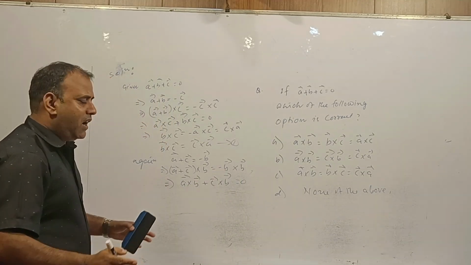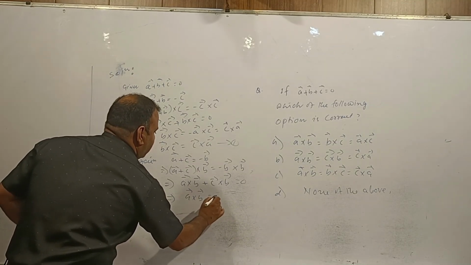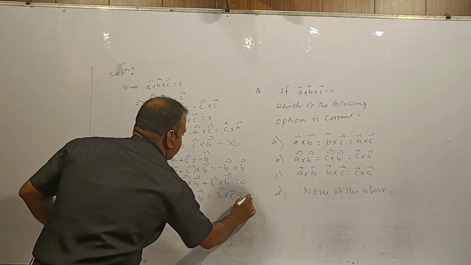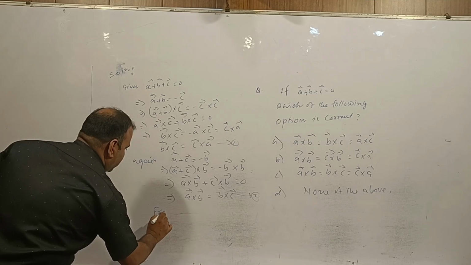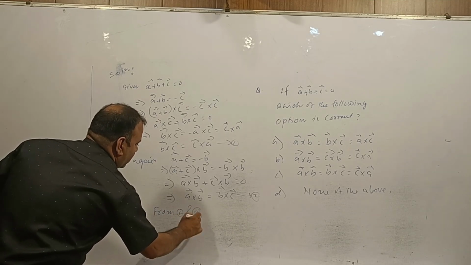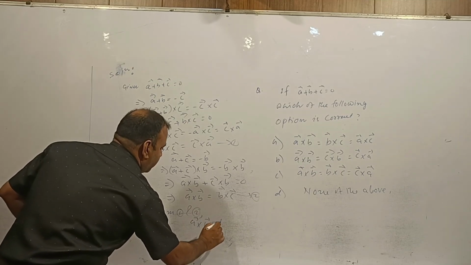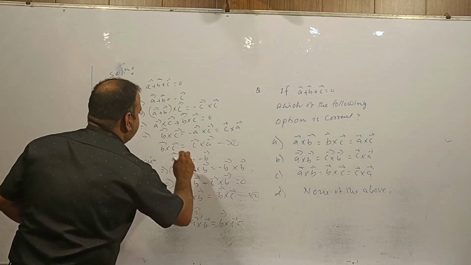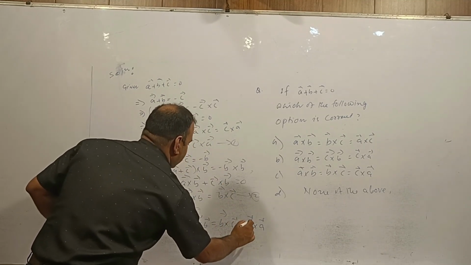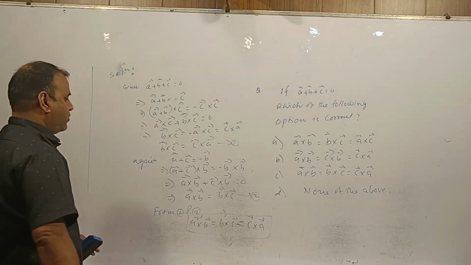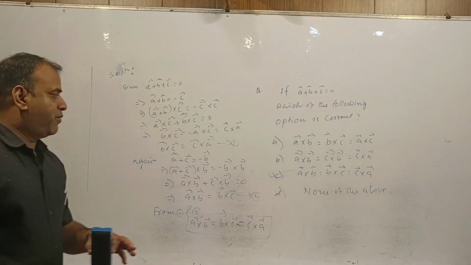This implies A vector cross B vector is equal to B vector cross C vector. So from equations 1 and 2 we get A cross B is equal to B cross C, and B cross C is equal to C cross A. So this option will be correct. That means A cross B is equal to B cross C. This is the correct option for you.